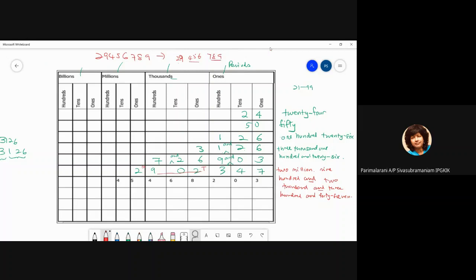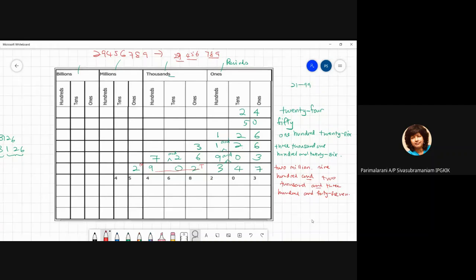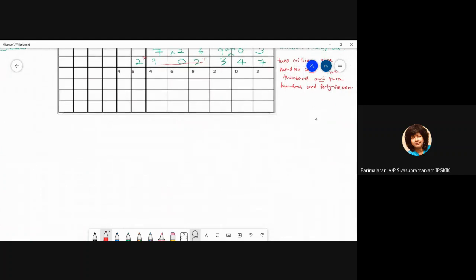We know that the first period is the ones, the second period is thousands, the third period is millions. So that means this will be 29,456,789. Can? Yes? Okay.